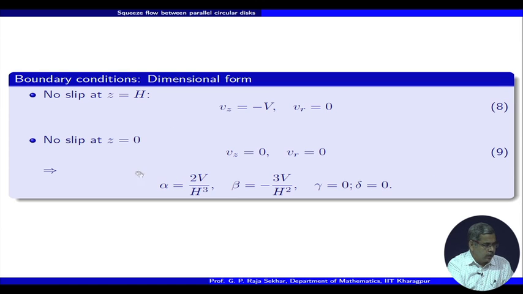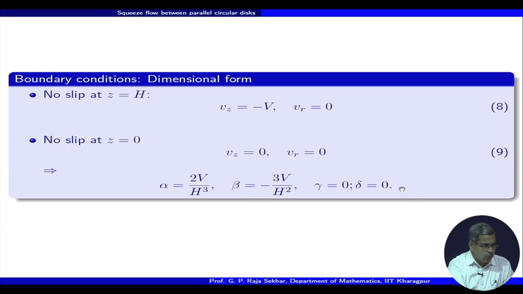The no slip condition at z equal to h gives vertical velocity minus v, because we are pushing, and radial velocity 0. At the bottom it is a stationary disc, therefore V z is 0 and V r is 0. One can use these to determine the arbitrary constants.